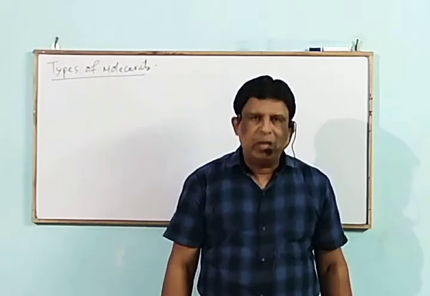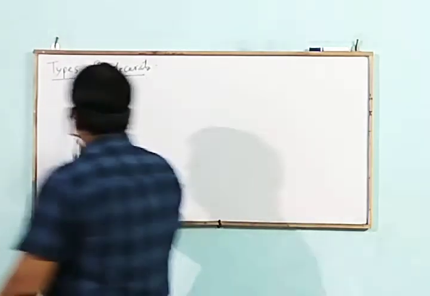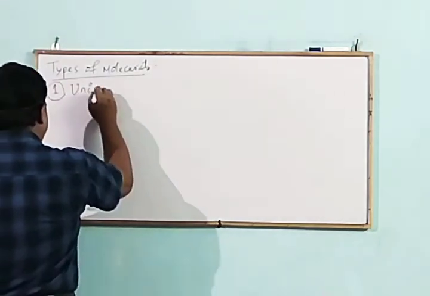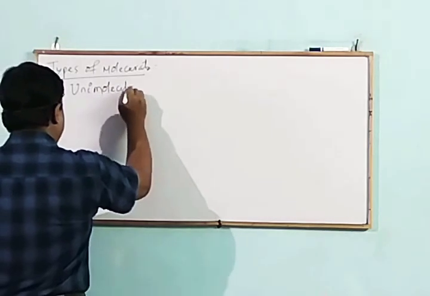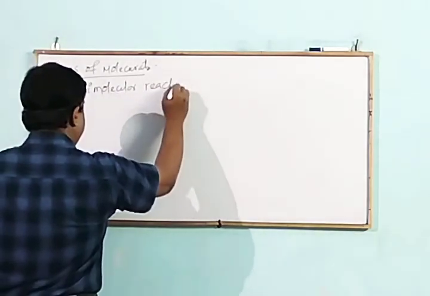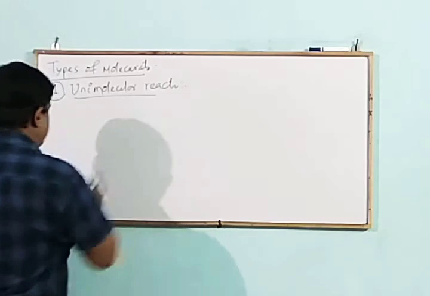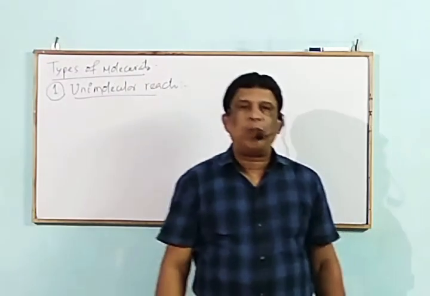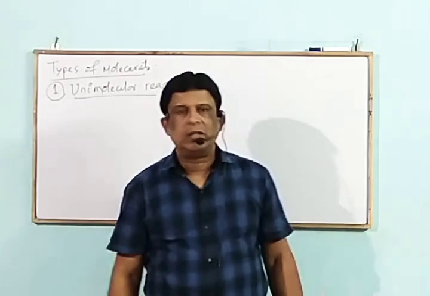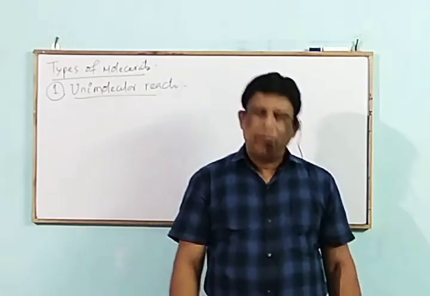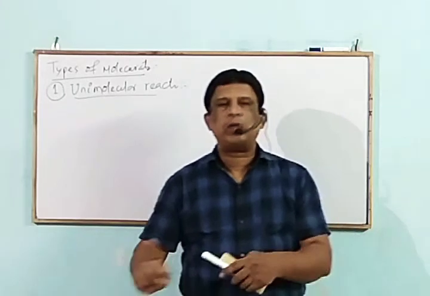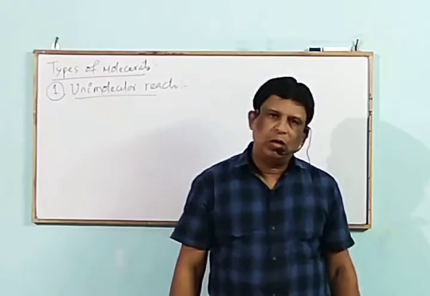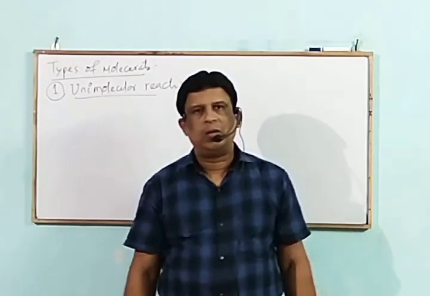First is unimolecular reaction. Depending upon the total number of atoms, ions or molecules that collide effectively at a time to bring about a chemical reaction, molecularity is of 3 types: unimolecular, bimolecular, trimolecular.